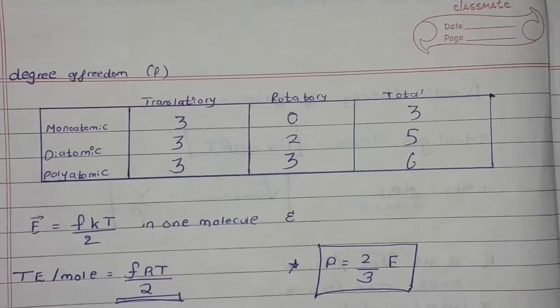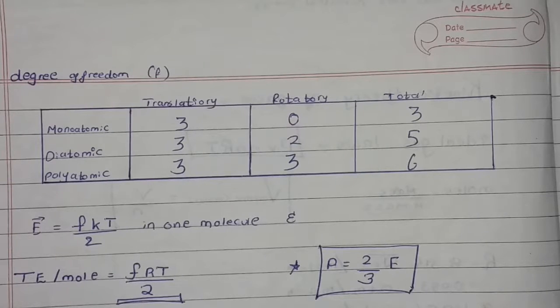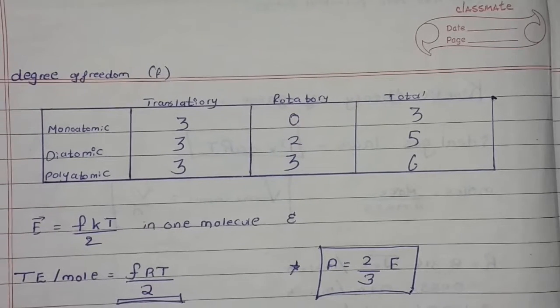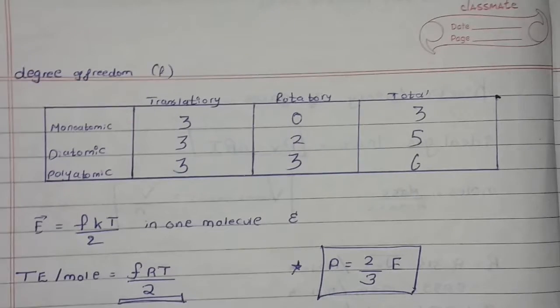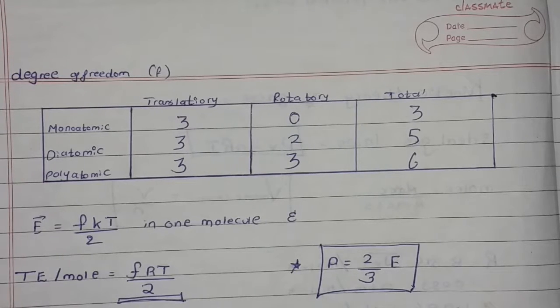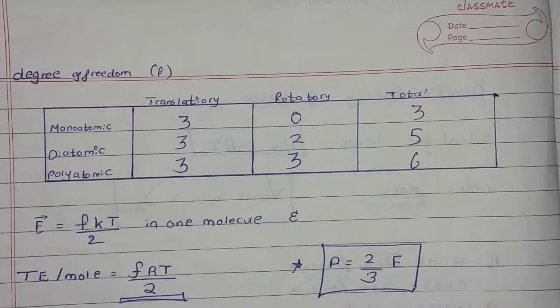In the language of thermodynamics, degree of freedom is any parameter like temperature, volume or pressure which can be altered without disturbing any other parameter. That relates to translatory and rotatory motions of molecules or atoms, for monoatomic, diatomic or polyatomic substances.